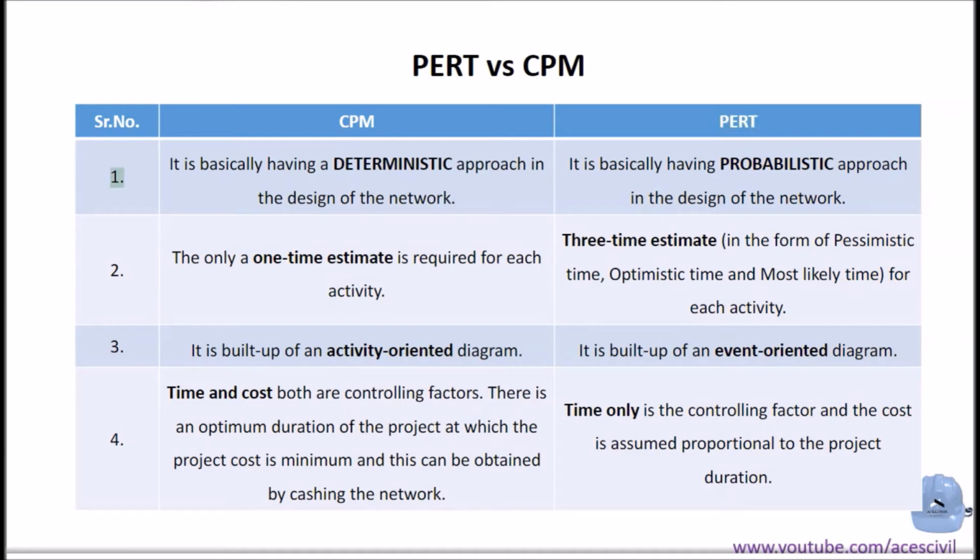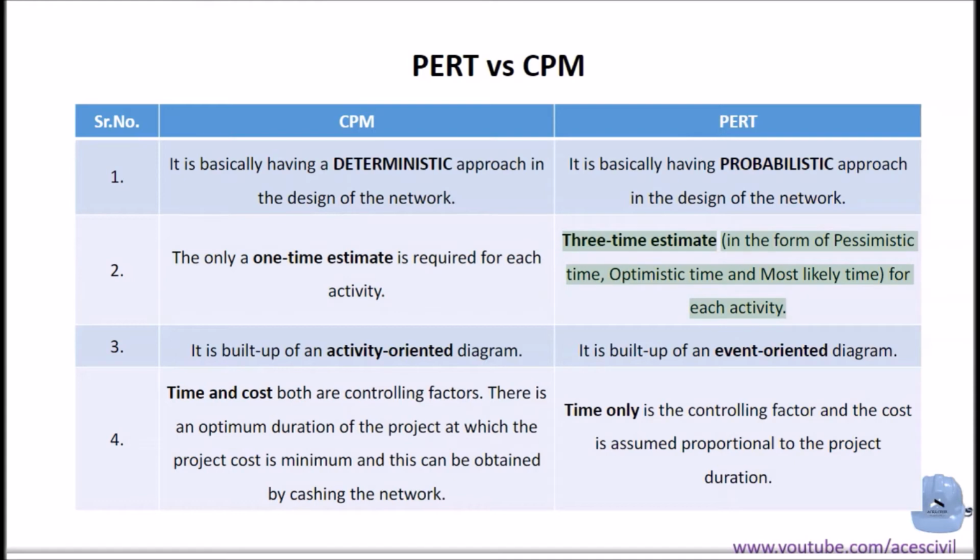1. CPM basically has a deterministic approach in the design of the network. PERT basically has a probabilistic approach in the design of the network. 2. In CPM only a one-time estimate is required for each activity.